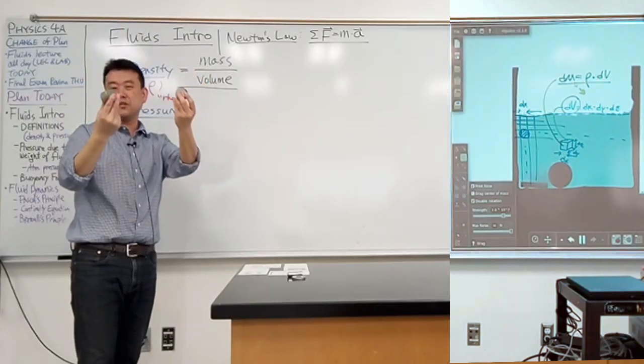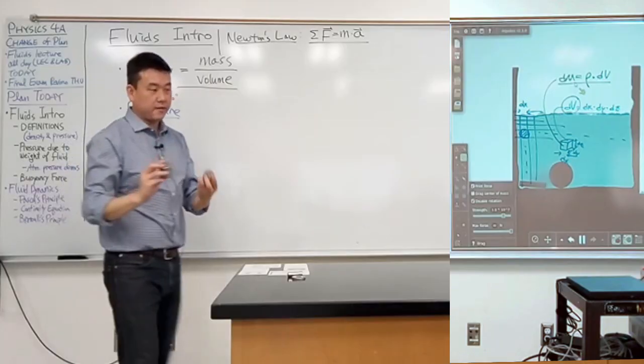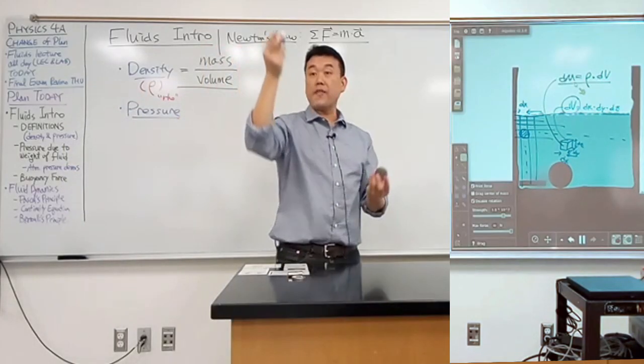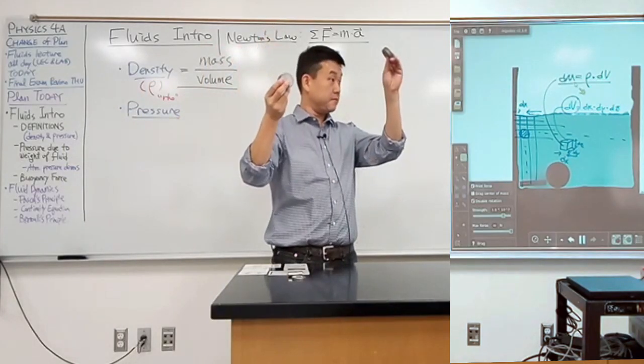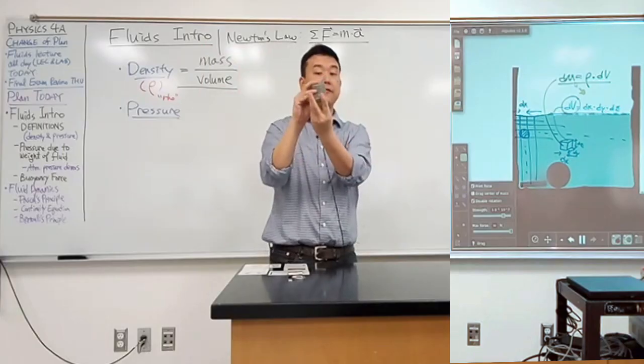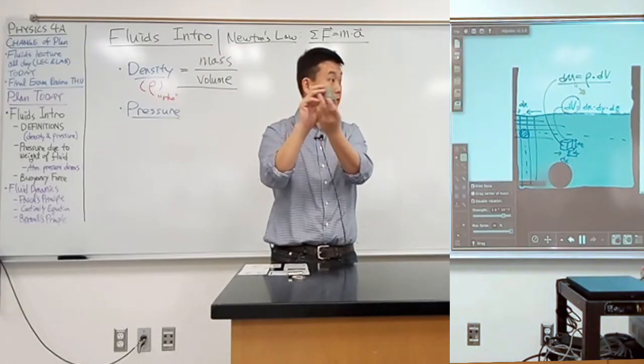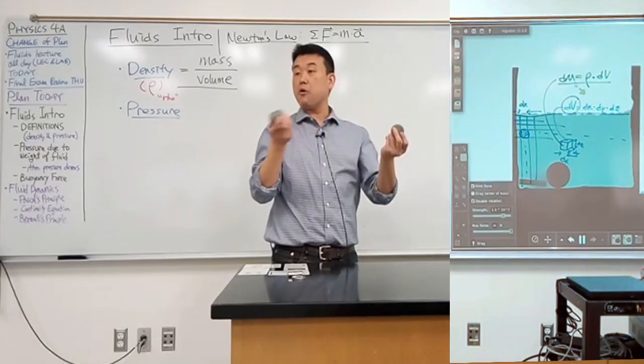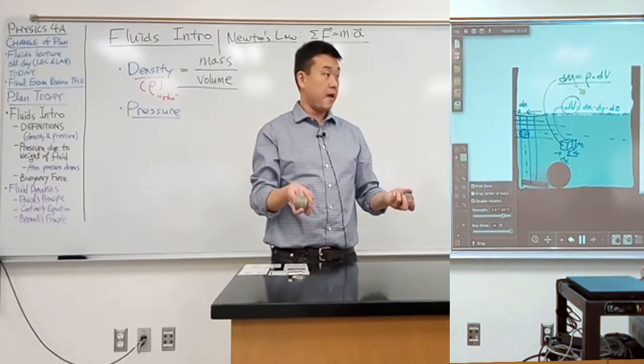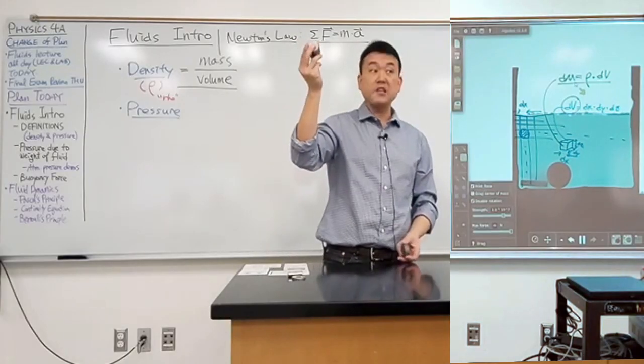So what does your intuition tell you? You already know that this is 2.5 times the mass of this. Does it look like about 2.5 times the volume? Roughly, right?